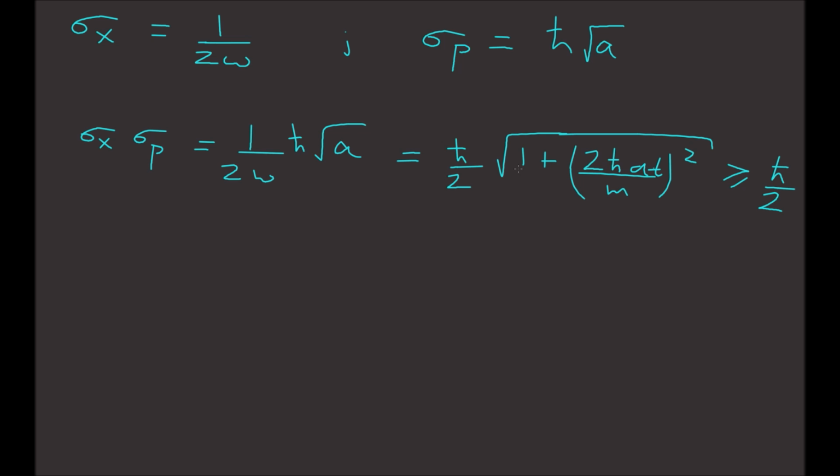Because if this term is 0, then this is going to be h bar over 2. And if this is not 0, then this is going to be greater than that. So this definitely satisfies the Heisenberg principle.